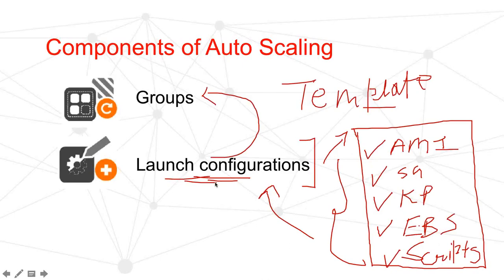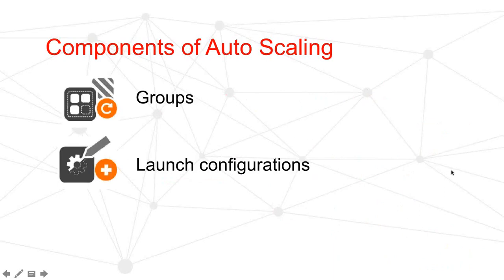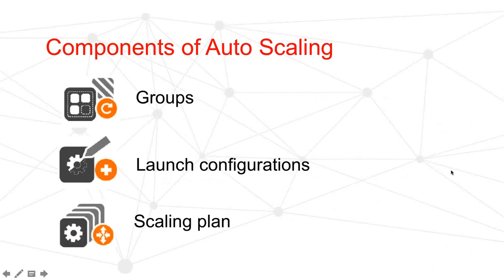It's a recipe. So any of the future instances that get launched automatically will be launched in the auto scaling groups, and they will refer to the launch configuration to pull the configurations. I'll show you how to manage or formulate your launch configurations.